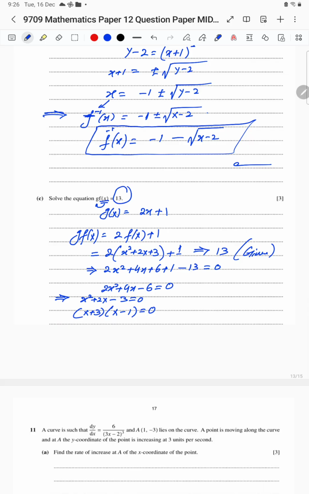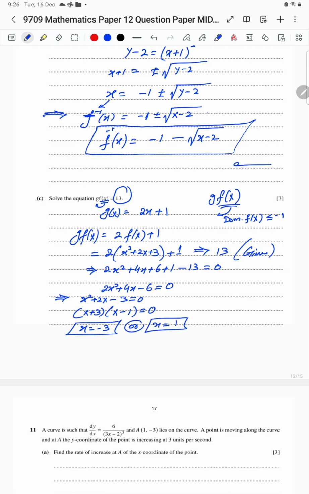Now here for composite function gf of x, we will go with the domain of f of x. We will see this that is less than or equal to -1. So our answer of this function must be less than -1. So here I will have x is equal to -3 or x is equal to 1.